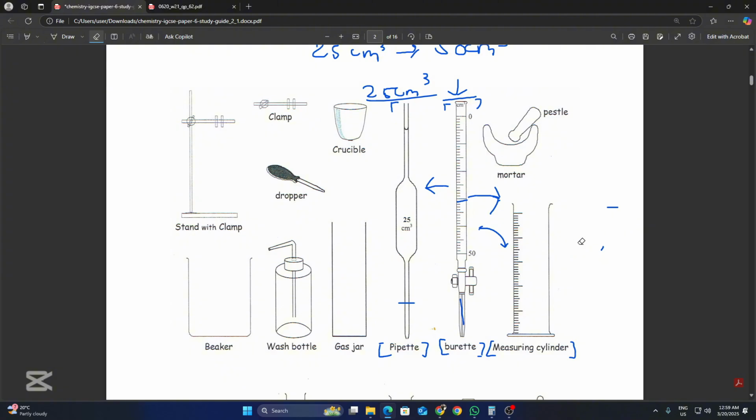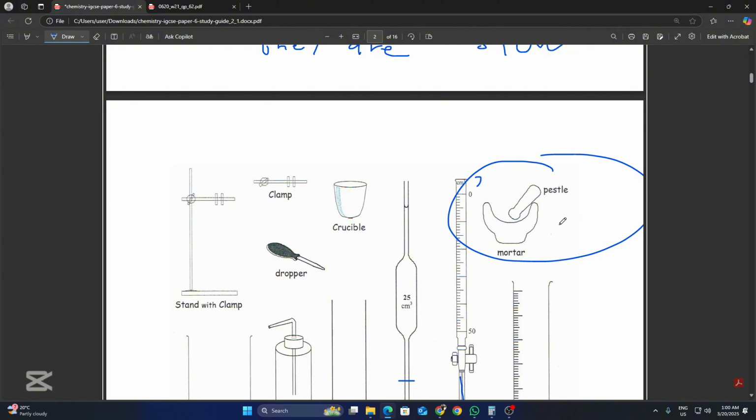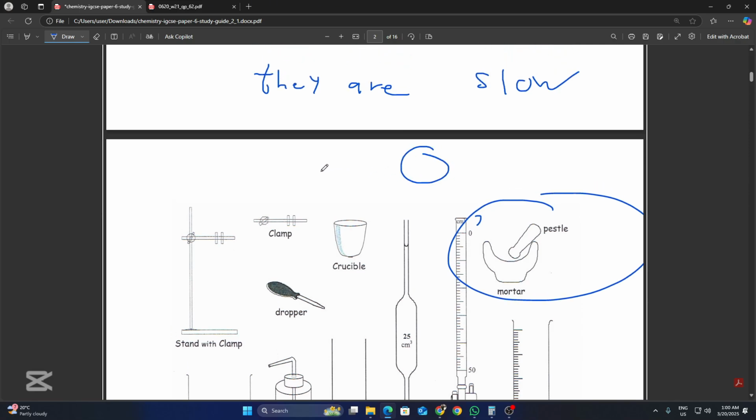Now, away from these three, let's go to something we call pestle and mortar. You can see it is right over here. This is always used when you want to crush anything. For example, I have a big piece of ore, a rock, and I want to crush it into a powder.